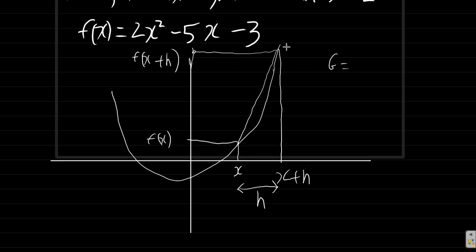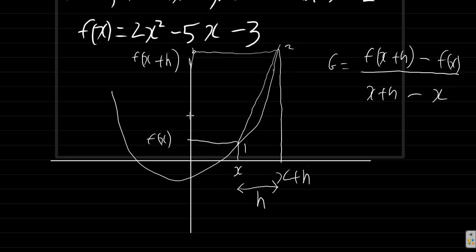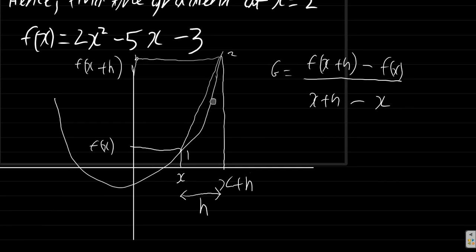Let's call this point 2 and this point 1. y2 would be f of x plus h, minus y1, which is here, f of x, over x2, which is x plus h, minus x1, which is x. Alright, so our f of x is 2x squared minus 5x minus 3.